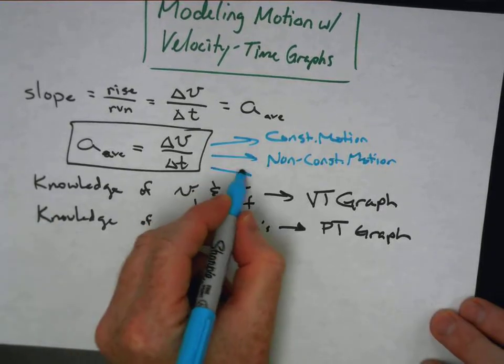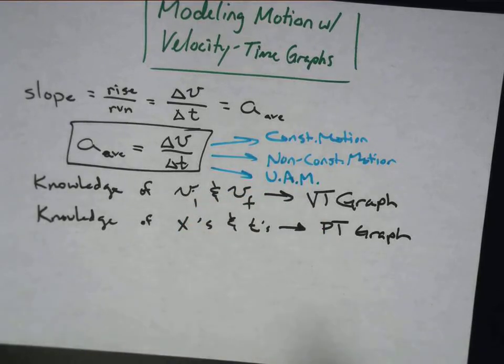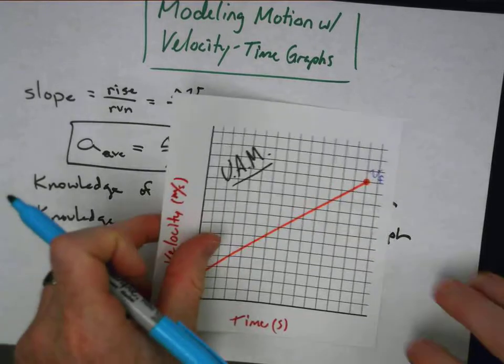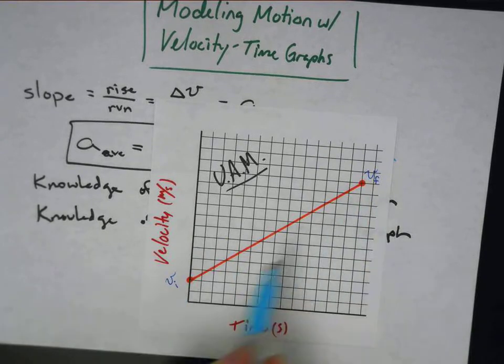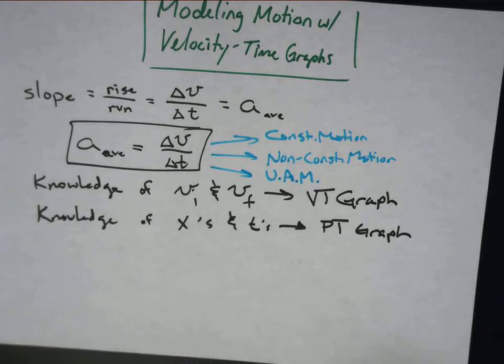This also works for UAM, absolutely, where you have an initial velocity, a final velocity. Sometimes the initial velocity is 0, sometimes it's not. Connect them with a straight line, and that's what UAM would look like on a velocity time graph. You find the slope of that line, you've got the acceleration. It works for all three, generally, and it's really cool.